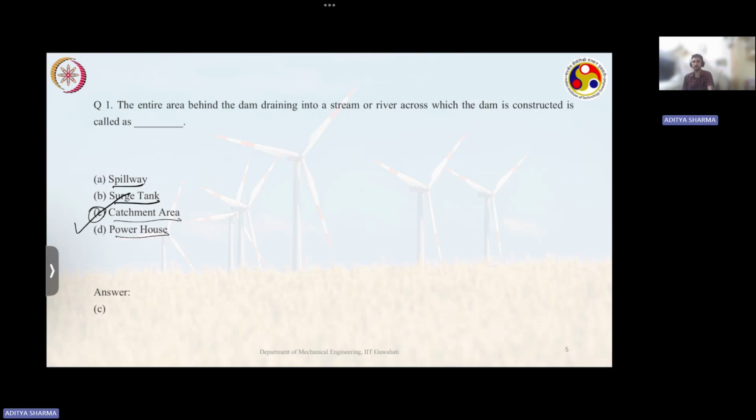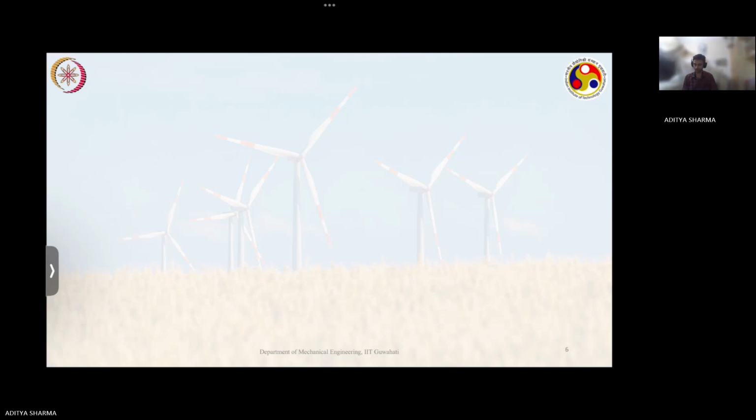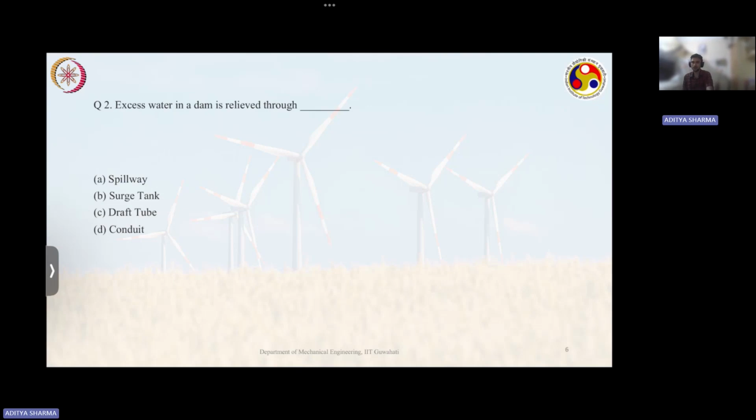Then we will see the next question. So read the question, what it says, and there are four options.